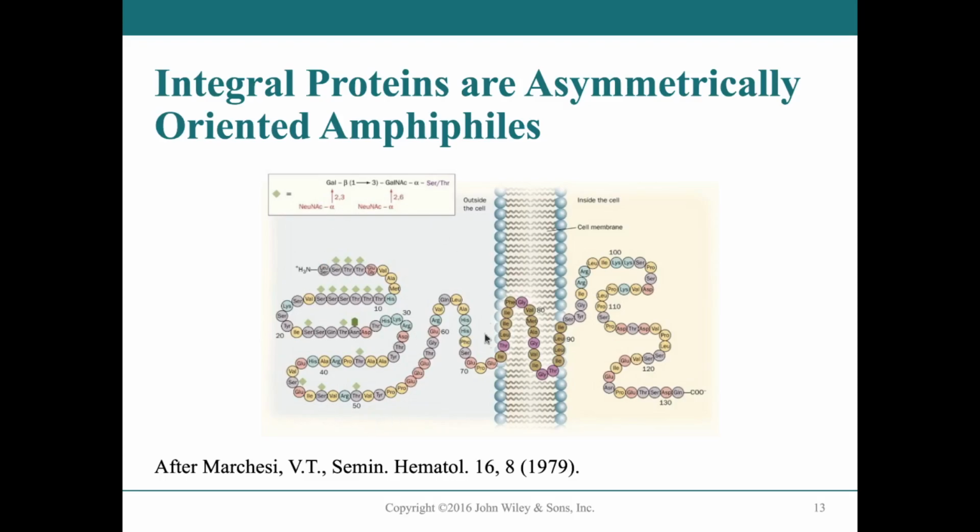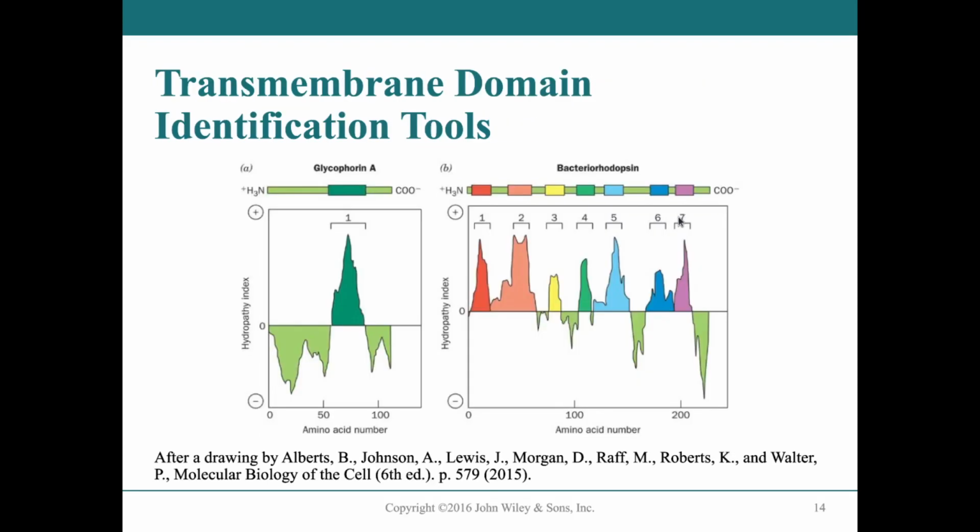The domain interacting with the extracellular side, the outside, is usually for signaling or receptor proteins. Then integrating them into the membrane is the nonpolar domain, which is mostly nonpolar residues. And then you have another polar domain that is interacting with the cell interior, the cytoplasm side.